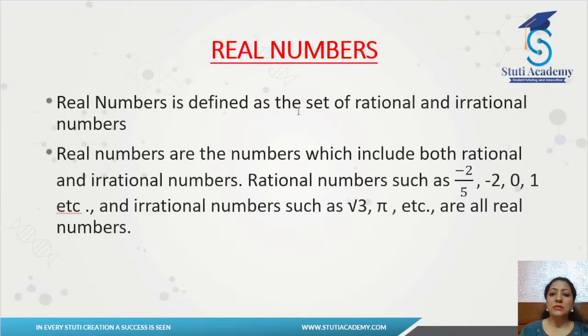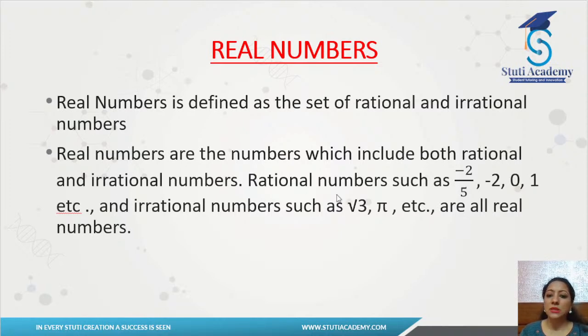Real numbers is defined as the set of rationals and irrational numbers. So children, as discussed earlier, we have a set of rational numbers, the numbers which can be written in p by q form, and then we have set of irrational numbers which cannot be written in p by q form. Now together, when we combine rational and irrational numbers, they become a set of new collection, that is real numbers.